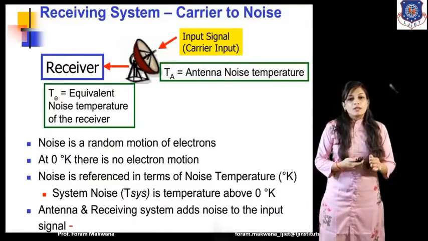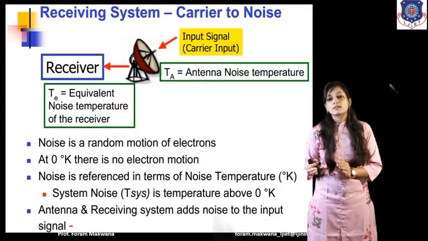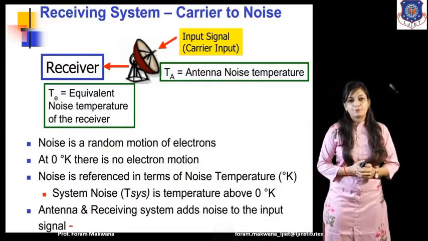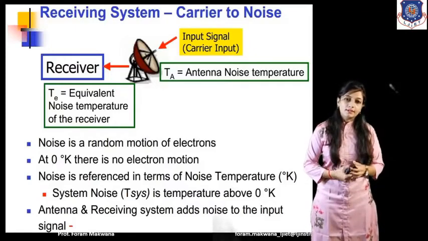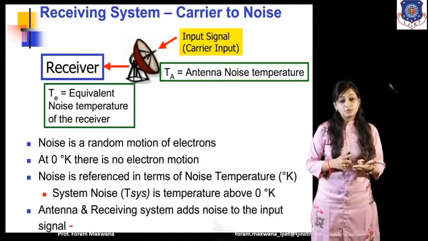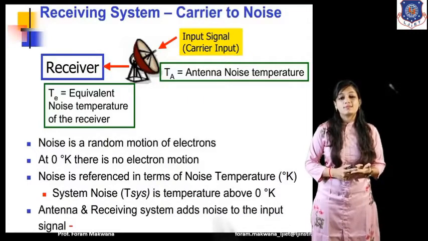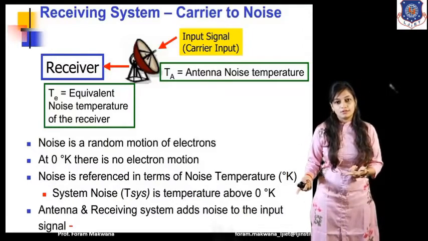Now, how do we calculate the receiving system carrier to noise ratio? We know that to calculate it, we must know my carrier power and my noise power, right?